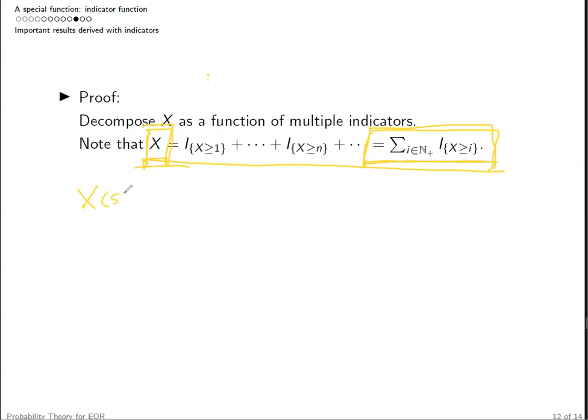Suppose we have an s from the sample space such that X(s) equals an arbitrary non-negative integer m. So m is just one natural number. It could be 0, could be 1, could be 3. What happens to this summation then?